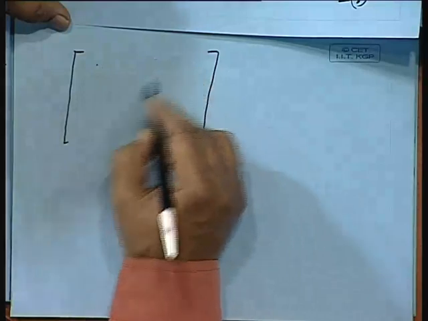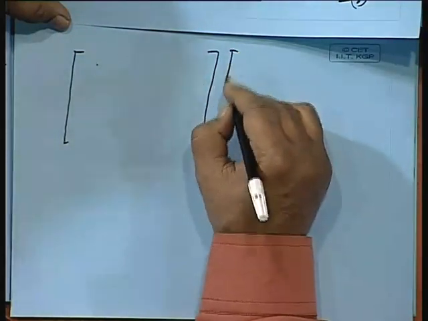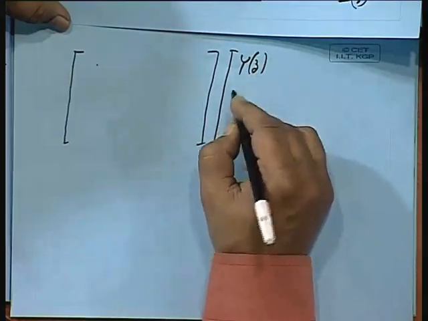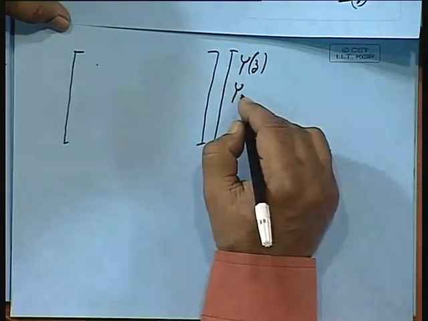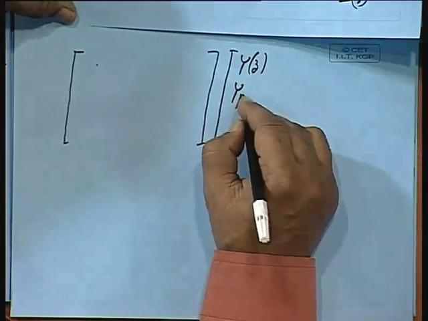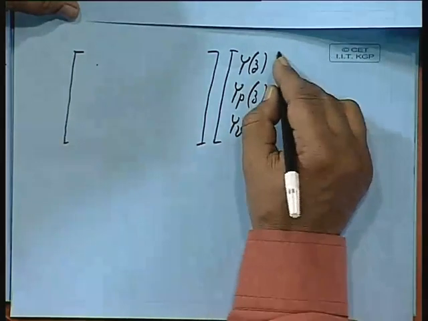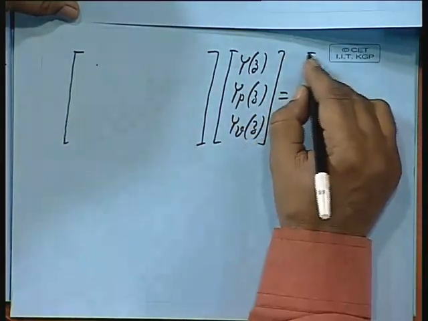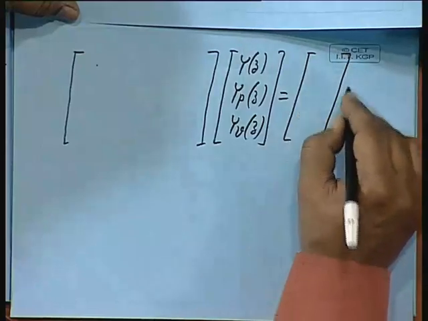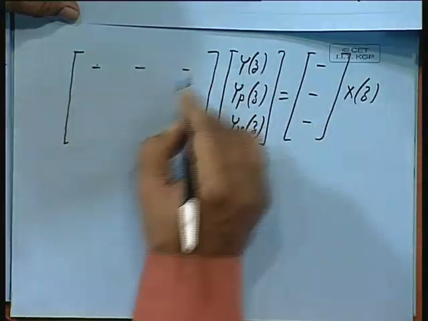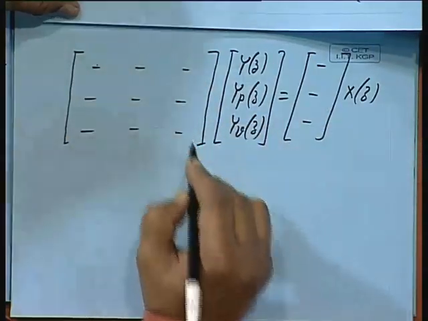I would request you to fill up the blanks. y z, y v z, y p z and y v z will give you something into x z. These elements you fill up from these equations. So, it is a very simple matrix equation.